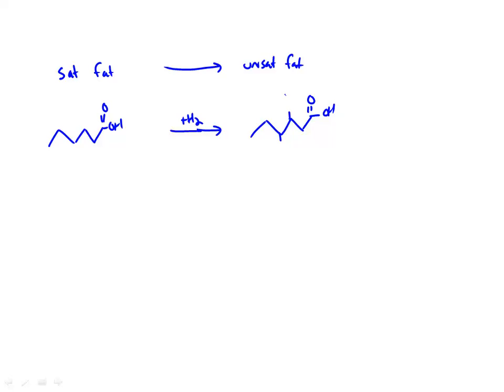Oops, I'm sorry, dehydrogenation, take away the hydrogens. You can either have it like that, or meaning we can make cis, right? Or we can make trans.